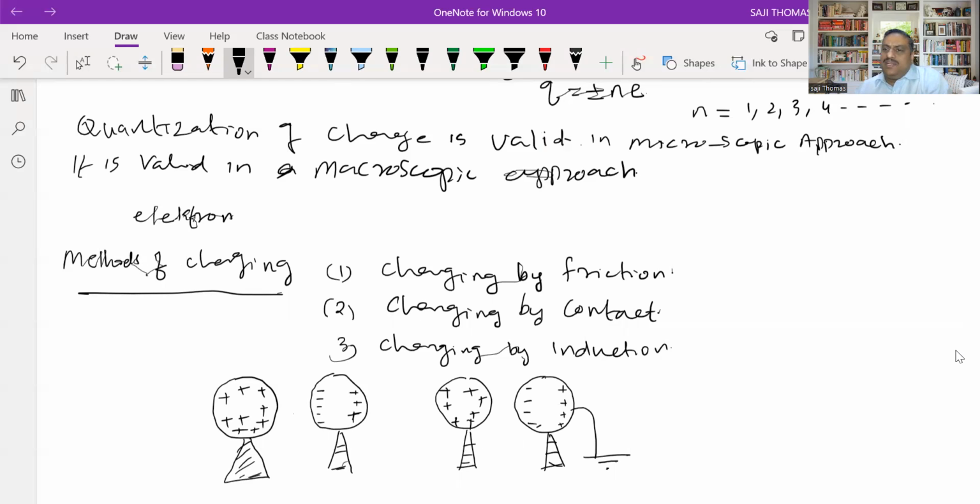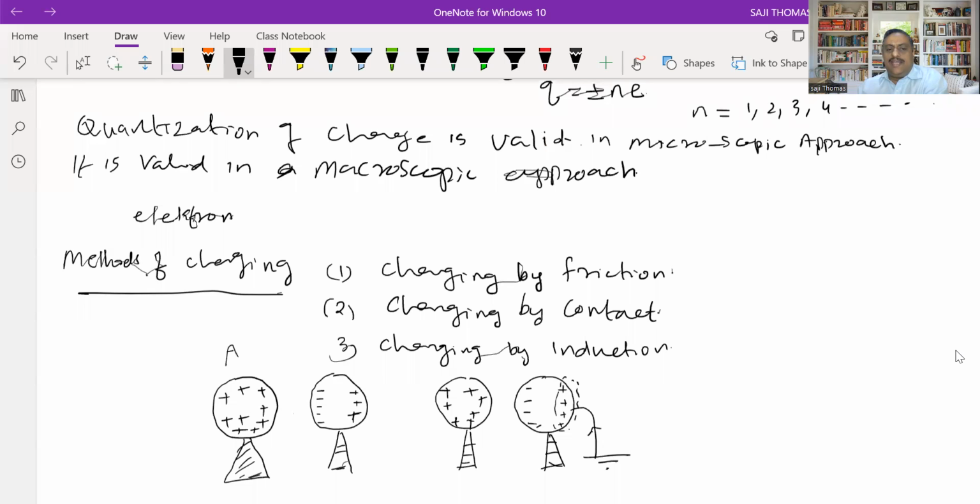So what will happen? Earth is an electron bank. A lot of electrons are there. You can deposit and take electrons from the earth, that is why it is known as an electron bank. So the electrons will move from the earth to the object and neutralize all these positive charges. Now only negative charges are left with the second object.